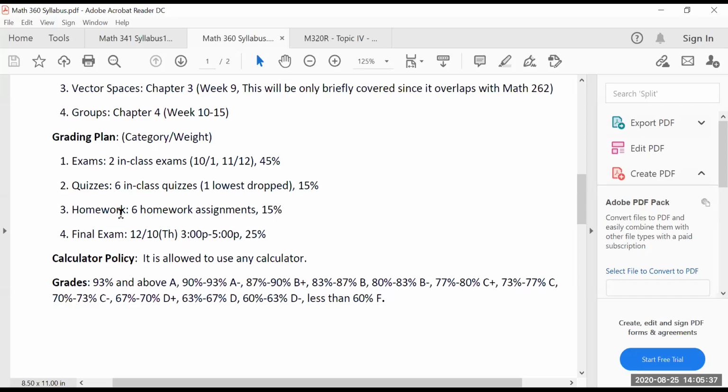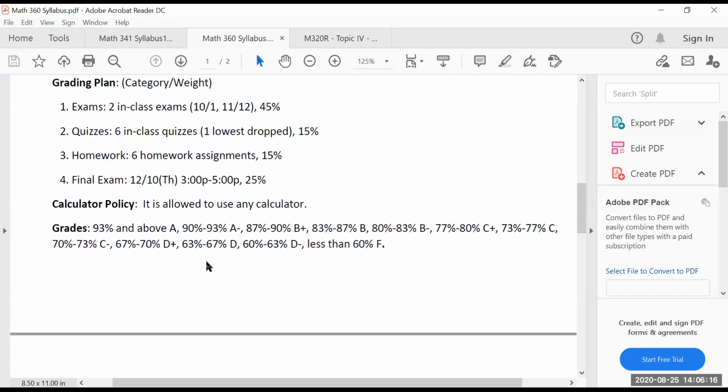And there will be 6 homework assignments, 15%. I typically make the exam problems very similar to the homework problems, so you will have to solve the homework problems very carefully and understand how you solve them in case similar problems are given. And the final exam will be December 10th, Thursday, 3 to 5, and it will count 25% toward your grade.